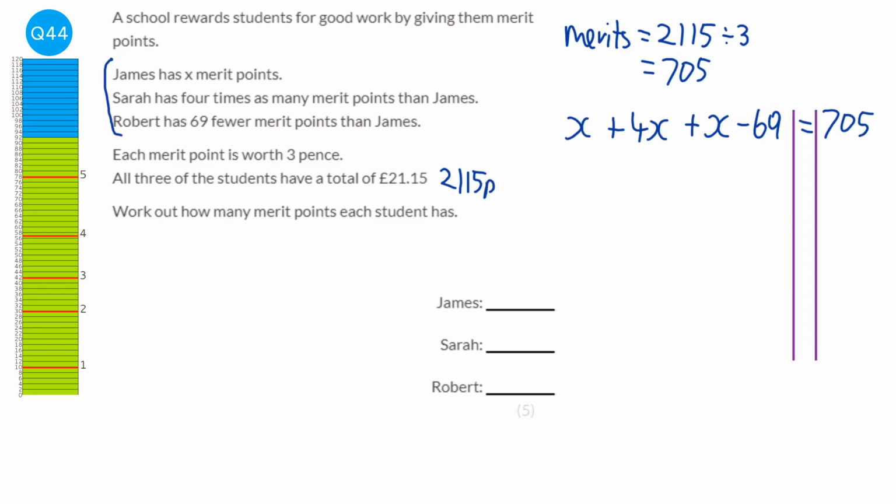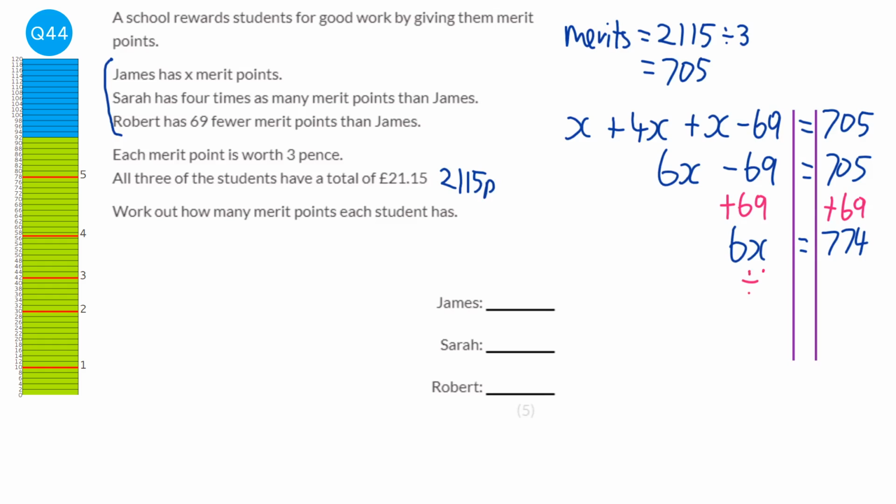So we've got x plus 4x plus x, which is 6x, minus 69 equals 705. And we're going to add 69 to both sides. So we've got 6x equals 774. Then we're going to divide both sides by 6.